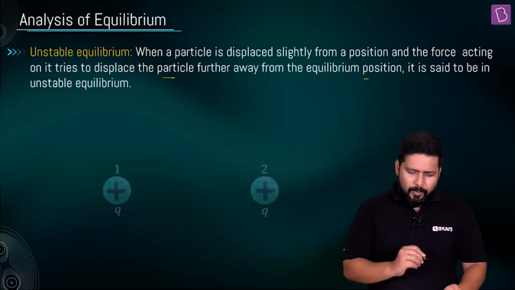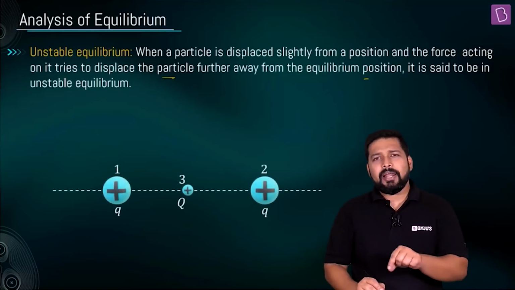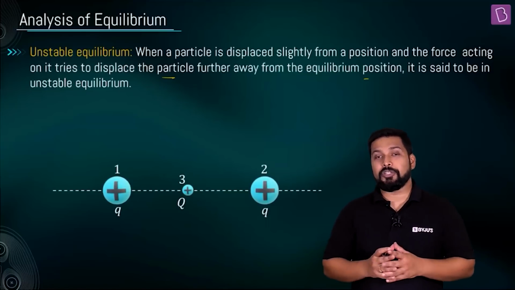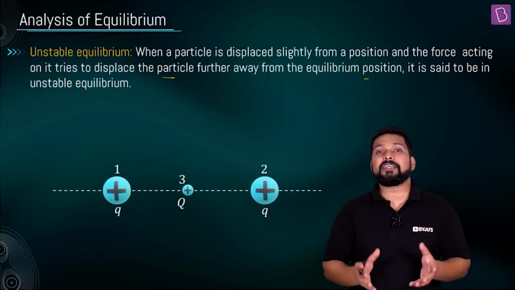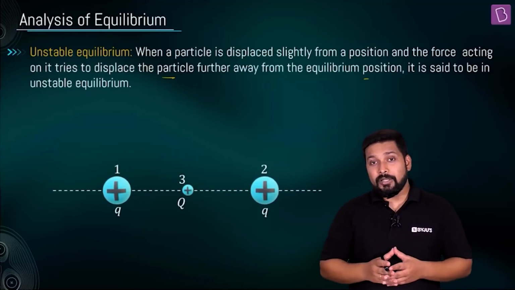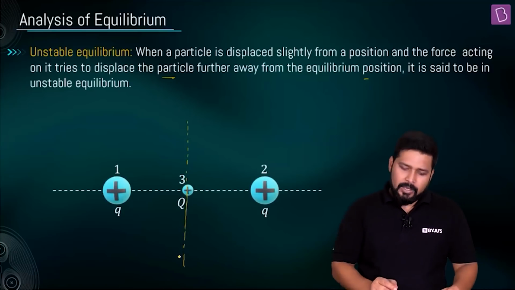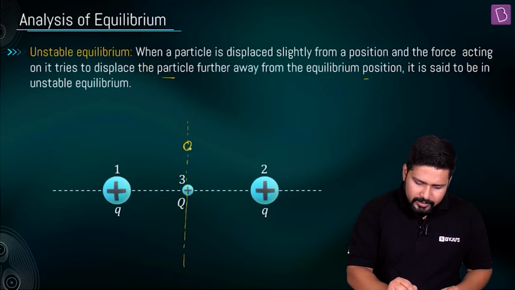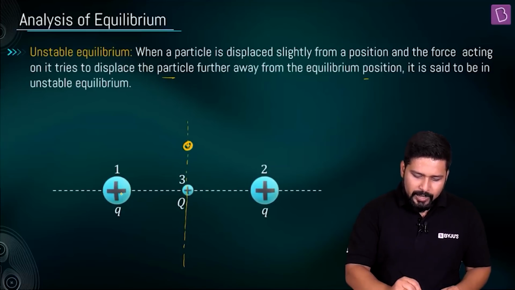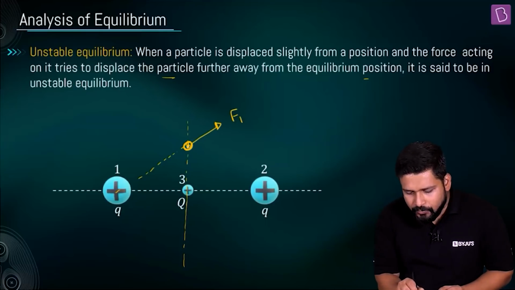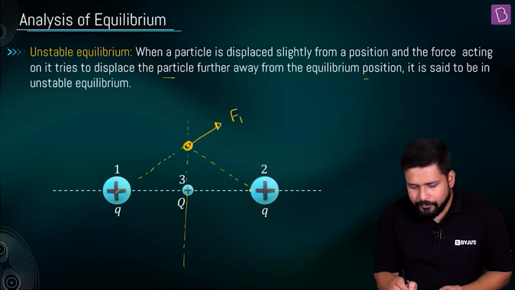We have seen what happens if you displace this charge along the line joining the 3 charges. What if we displace this charge perpendicular to the line joining the 3 charges, which means I'm talking about displacing it along this line. Now let's say I displaced this positive charge over here. Now what will happen? The force of repulsion will act along this line, so this will be F1 and this will be F2, of course.